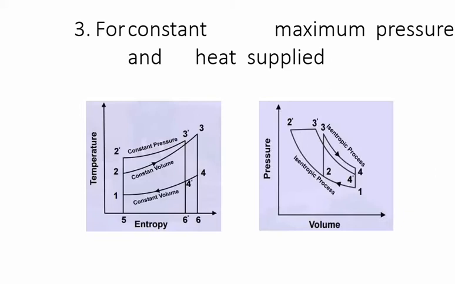For the maximum pressure, pressure 3 in both cycles is the same, and the heat rejected by the diesel cycle represents that the Otto cycle has the least maximum pressure.